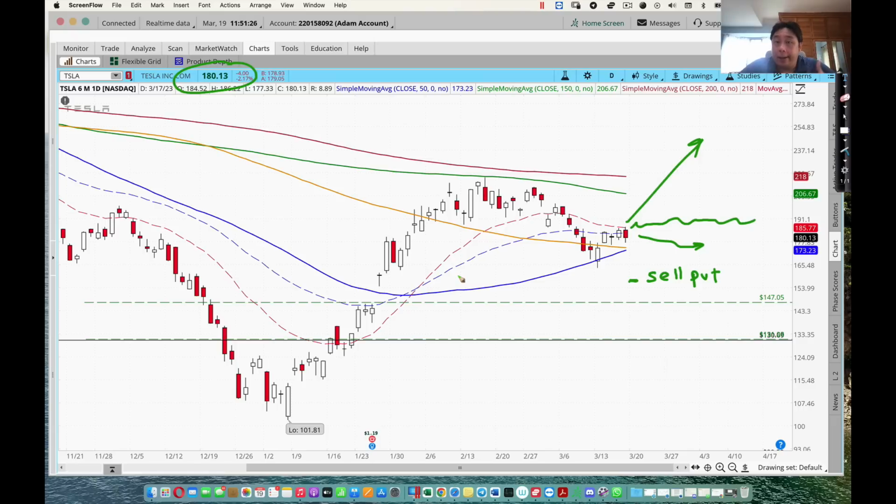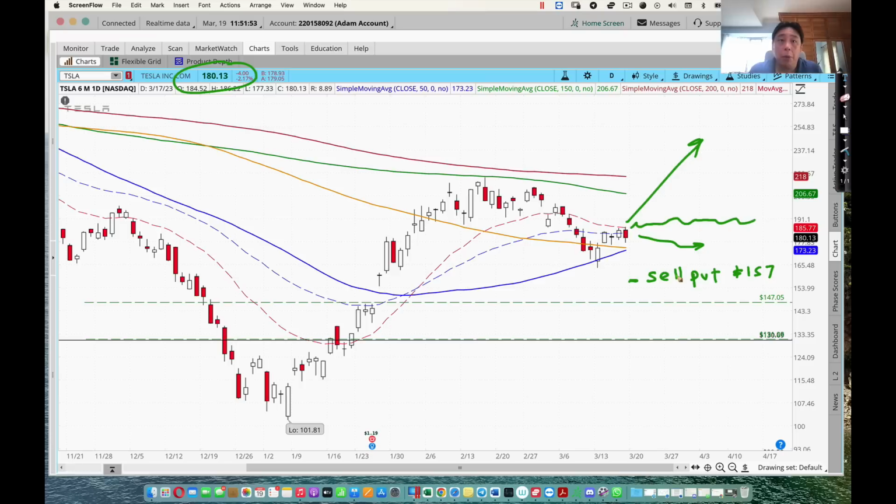Now I'm obligated, as a put seller, that if the price goes below that put option level, let's again call this 157, for example, we call that the strike price. If the price goes below 157 and closes below 157, then I'm obligated to buy 100 shares of Tesla at the strike price.